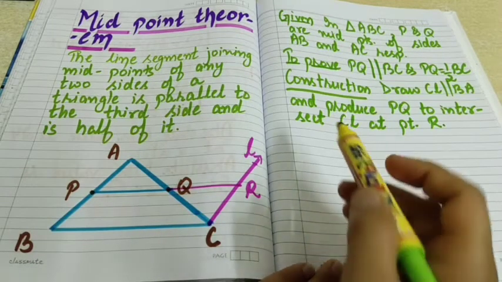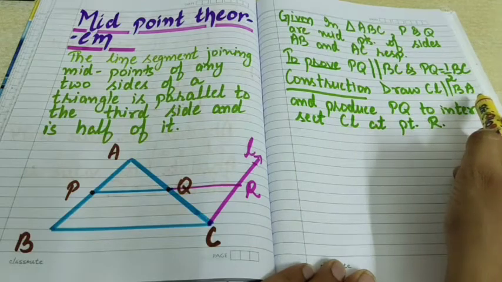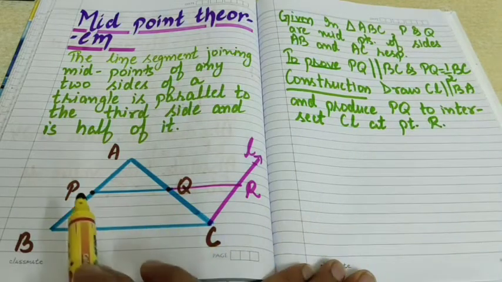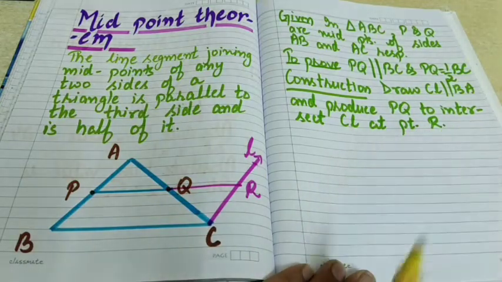And we mention the same under construction, that draw CL parallel to BA and produce PQ to intersect CL at point R.